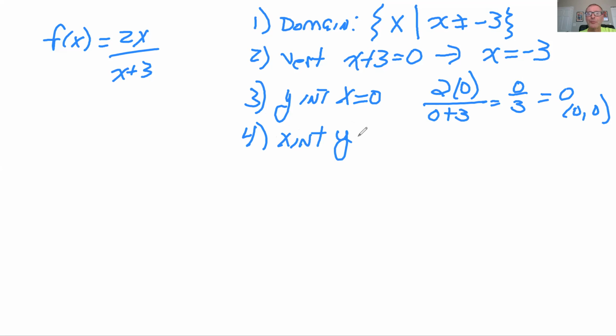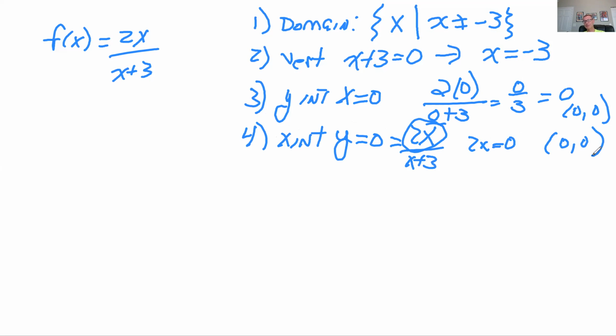When y equals 0, if you look at the equation, 2x over x plus 3, the only way to do that is 2x equals 0. So x has to equal 0, and you see they're both the same. That's the only time that occurs, at the origin, because the x value and y value are both 0. It's the same point.